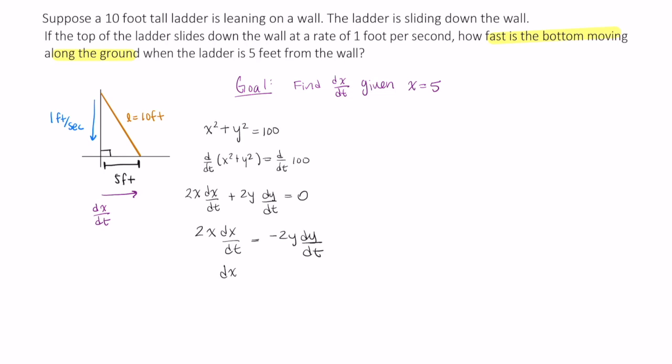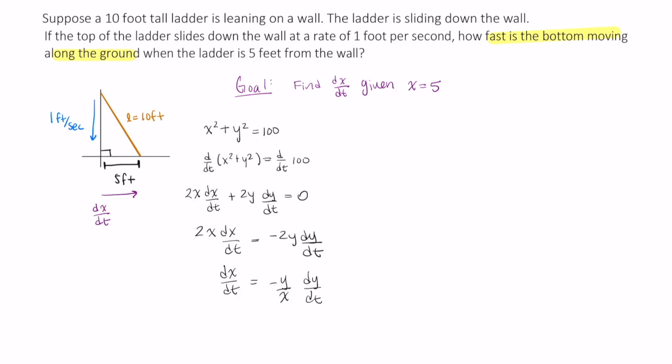This tells us that dx over dt is just equal to negative 2y over 2x times dy over dt. Now, of course, we have a common factor of 2 in our numerator and our denominator. 2 divided by 2 is 1. So I can just rewrite this as negative y over x. Now let's fill in what we know.